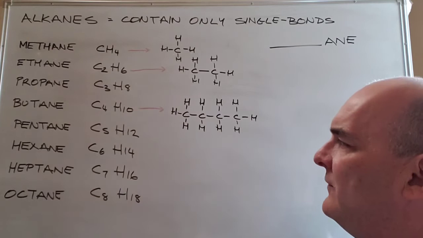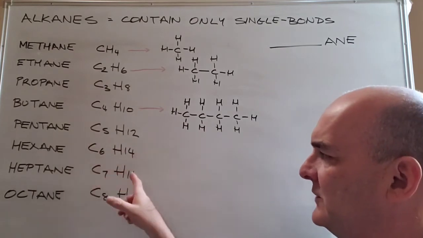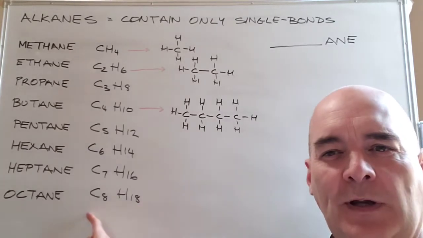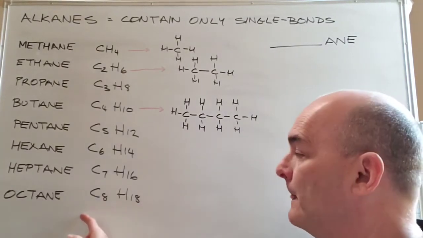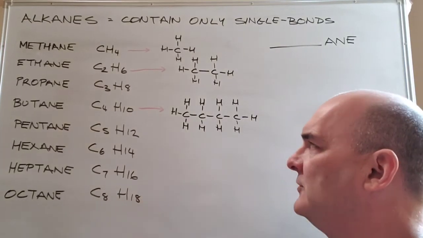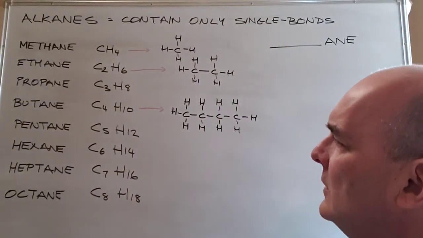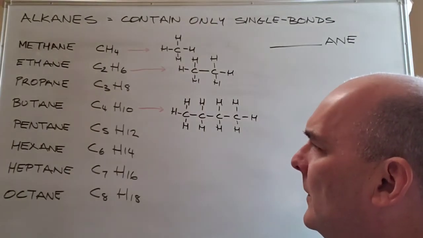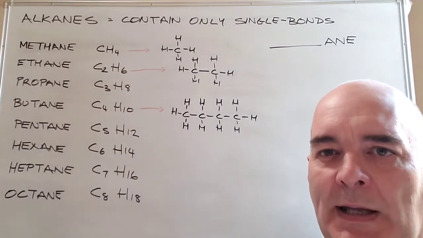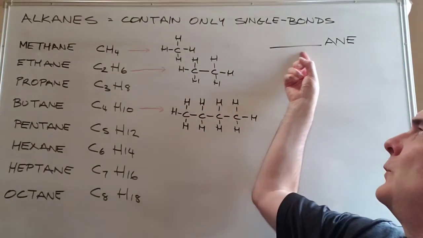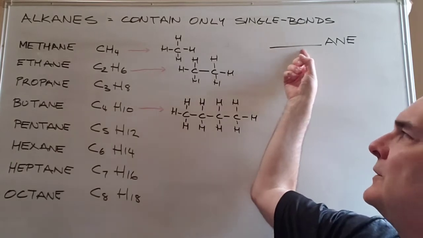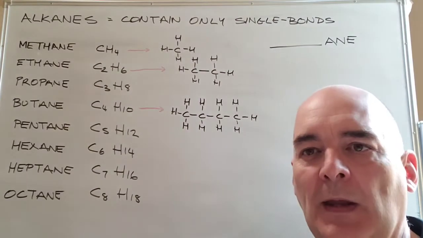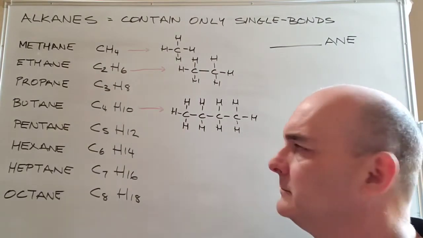And then pentane would be C5H12, hexane would be C6H14, heptane would be C7H16, and octane, which you might recognize from gasoline, is C8H18. So, there's a couple of things here on this list that they have in common. They all end in ane. We're going to have the root of a word, we're going to have a prefix that goes here, and then ane tells us this is a hydrocarbon that contains only single bonds.